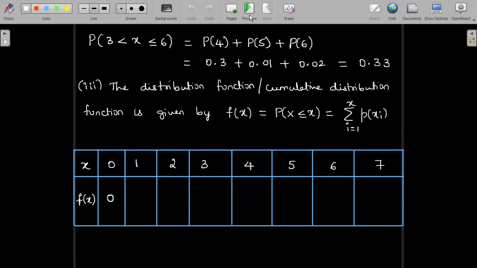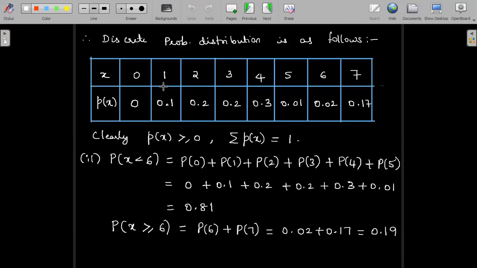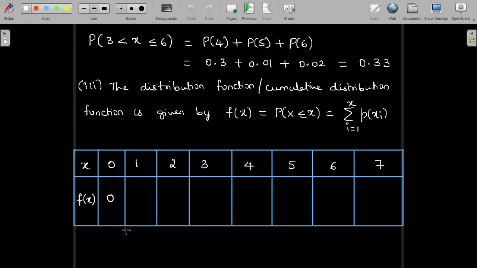What I mean to say is, here when I want to know F of 1, the cumulative distribution function for x equal to 1, it is the sum of the previous two values of probabilities. So 0 plus 0.1, which is equal to 0.1 itself. For x equal to 0, we have probability equal to 0. For x equal to 1, we have probability equal to 0.1.